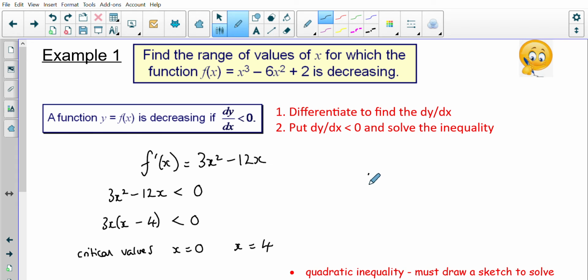So drawing a quick sketch of this quadratic, with 0 and 4, I want when the quadratic is less than 0, so that's the part of the graph that I'm interested in. So my solution to the quadratic inequality is x is between 0 and 4, so that tells me the range of values when x cubed minus 6x squared plus 2x is decreasing.